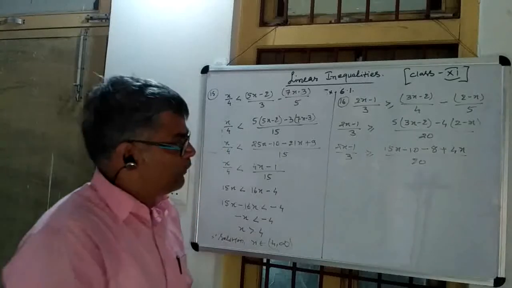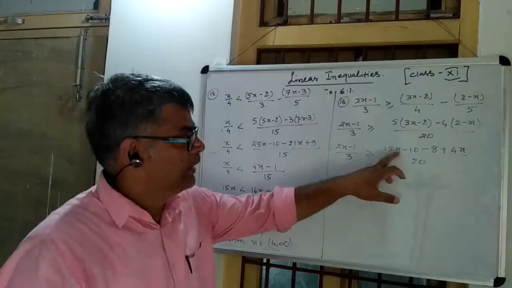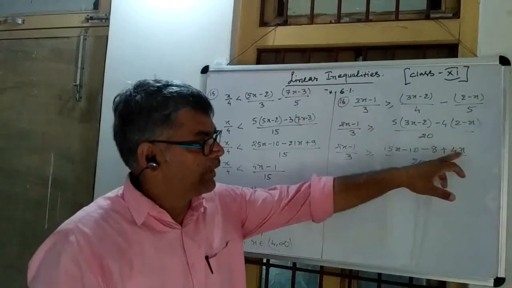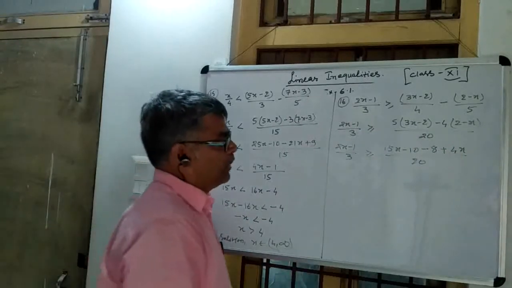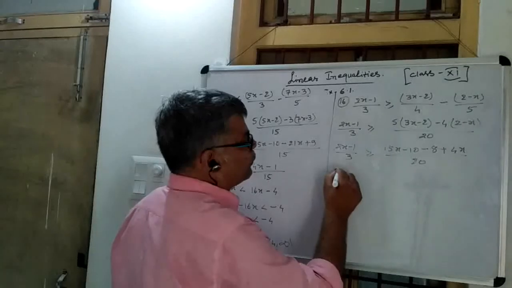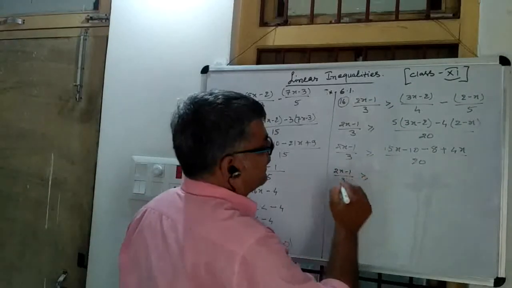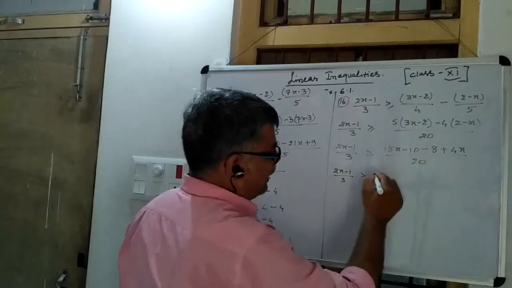So (2x - 1)/3 ≥ (15x - 10 - 8 + 4x)/20. Now check the solution once again: 15x minus 10 minus 8 plus 4x. Correct.